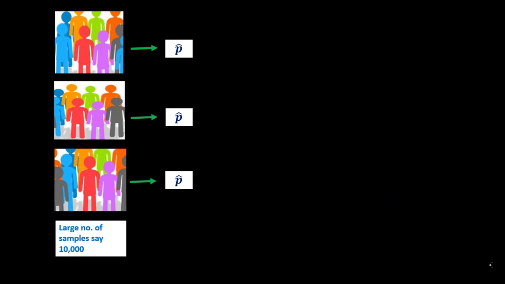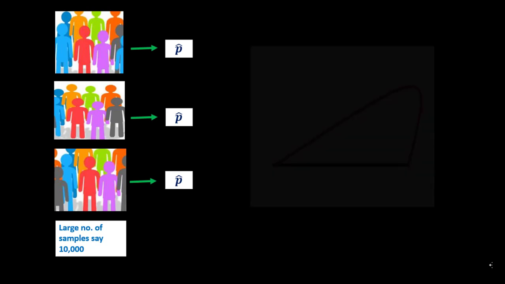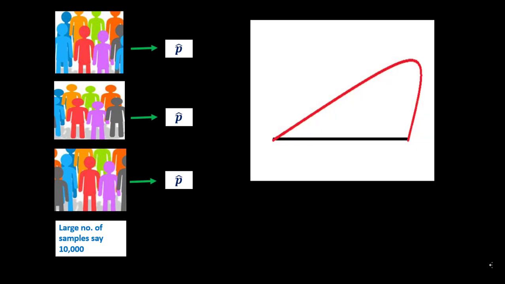Now since I have collected the sample proportion data of all the 10,000 samples, I won't have much difficulty in plotting the sampling distribution of sample proportion. So this graph is the sampling distribution of sample proportion. That is what I have done: I have collected the 10,000 samples, or a large number of samples, and calculated the sample proportion for the relevant characteristic for each sample.